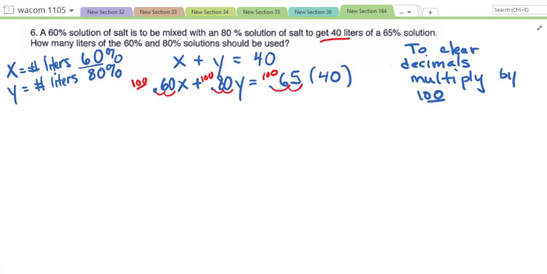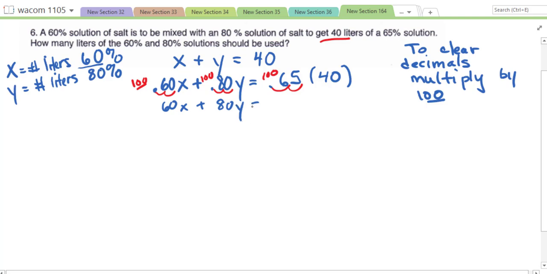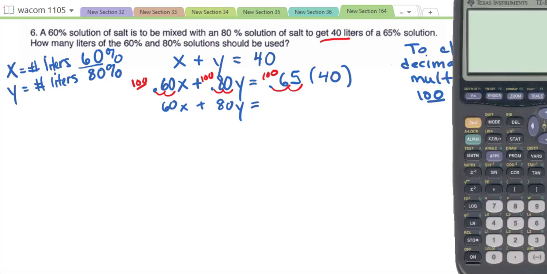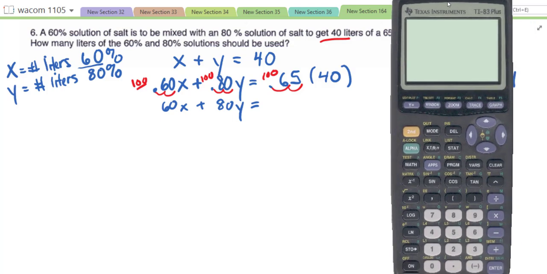So I'm going to clean that one up. This should give me 60x plus 80y equals. This will give me 65 times 40. I'm going to go ahead and put that in my calculator. This is a graphing calculator. I don't know that you guys have these, but it's just a multiplication.